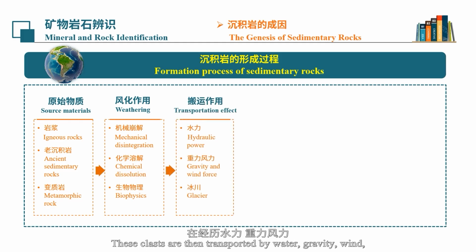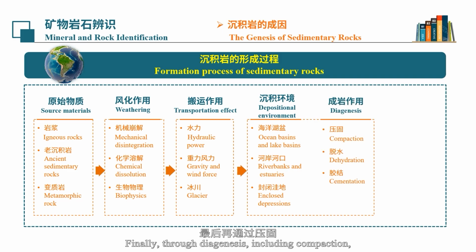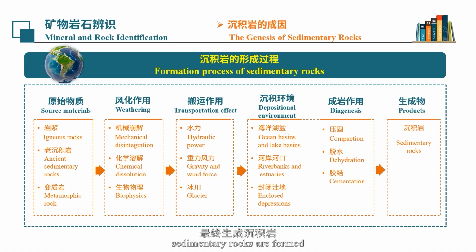These clasts are then transported by water, gravity, wind, or glaciers to depositional environments like ocean basins, lake basins, riverbanks, estuaries, or enclosed depressions. Finally, through diagenesis, including compaction, dehydration, and cementation, sedimentary rocks are formed.